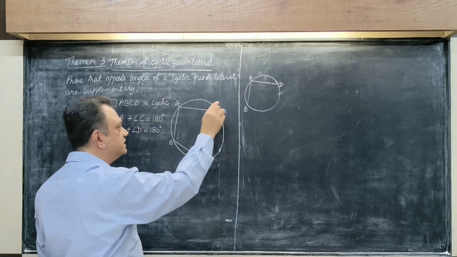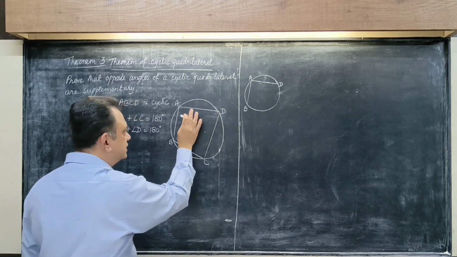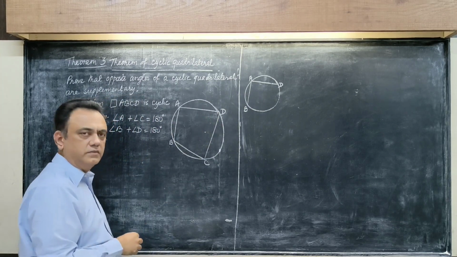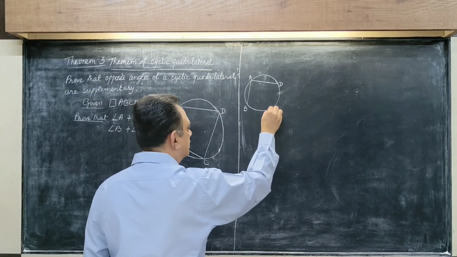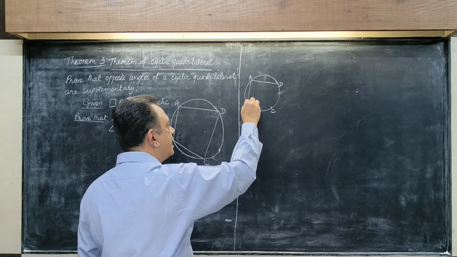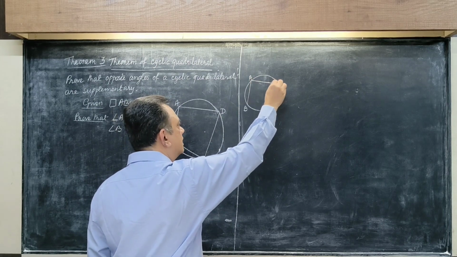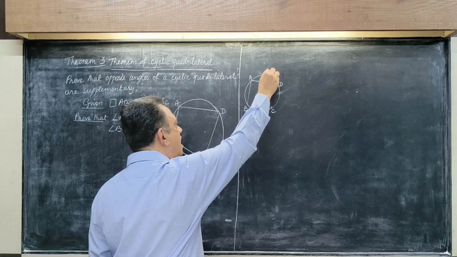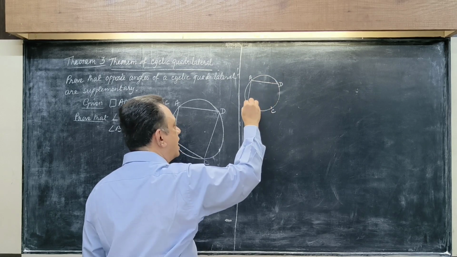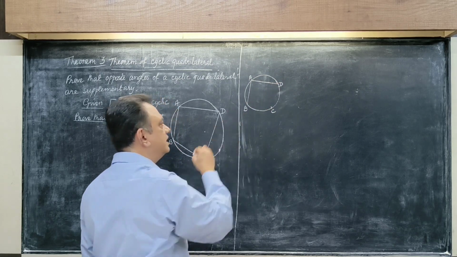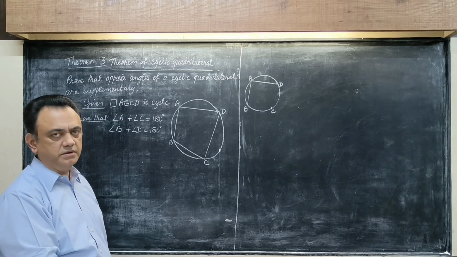If you look at this diagram, this is a part of this figure only. Angle BAD is inscribed in arc BAD and arc BCD is the intercepted arc.